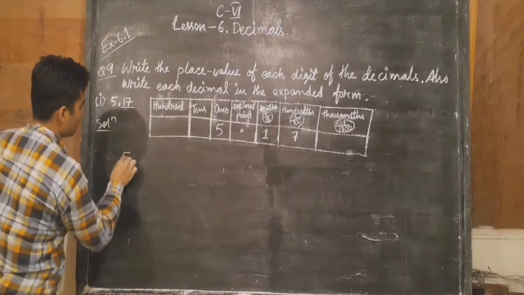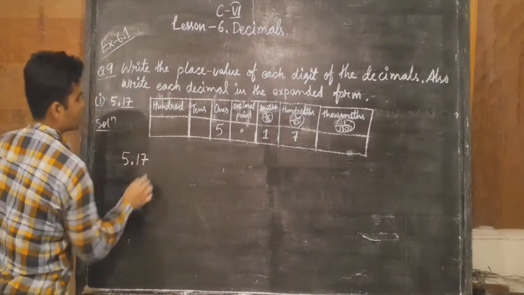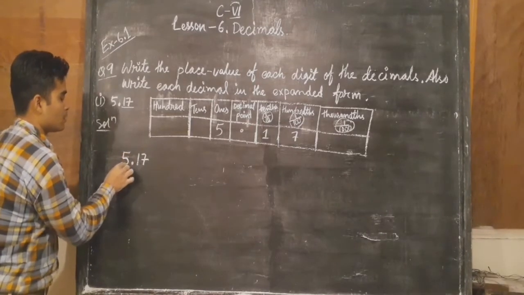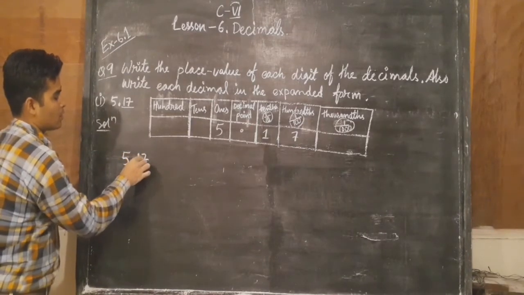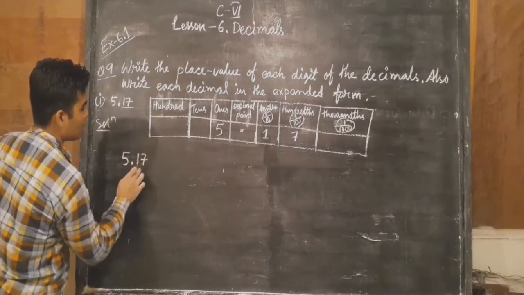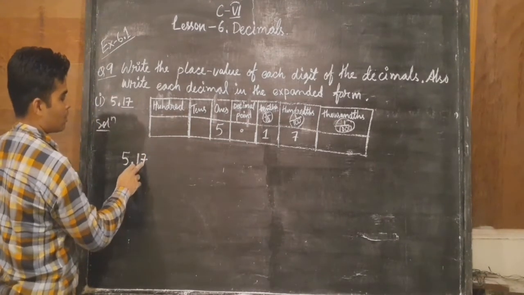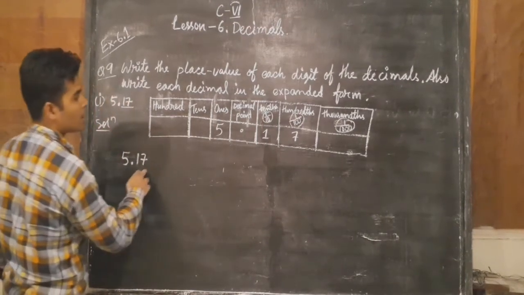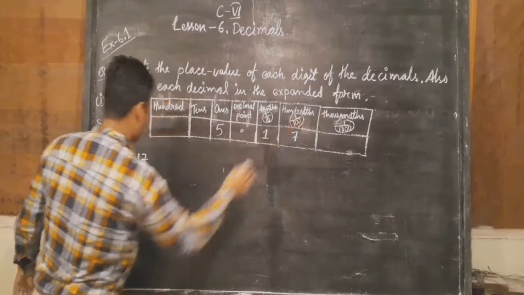Now if you try to write the place value of each digit of this decimal number, you can see 7, which place is it in? It is in the 100th place.